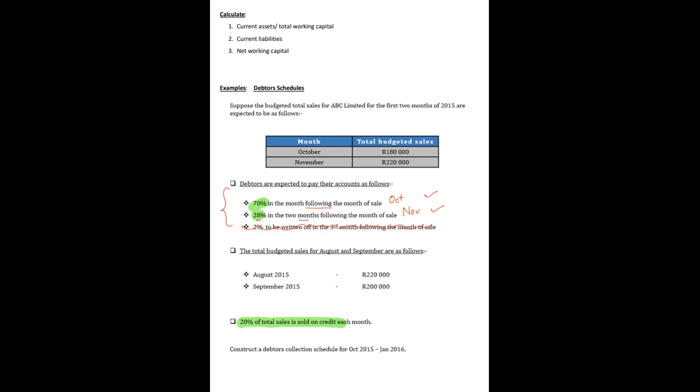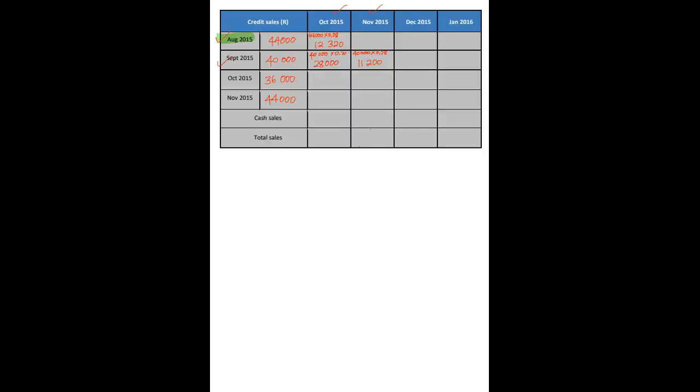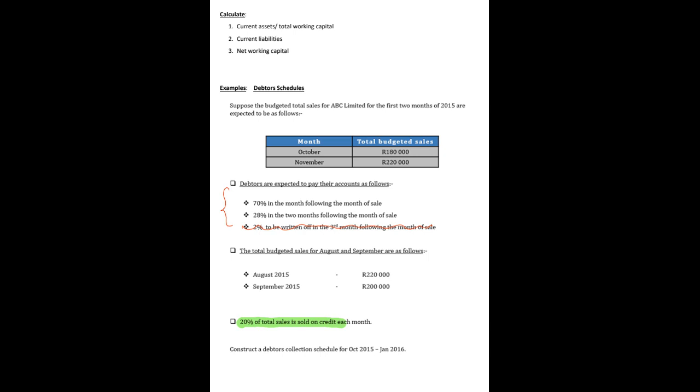So here, the credit sales for the month of October is 36,000 Rand. We want to know, is any of it received in October, November, December, or Jan? So let's go back to the schedule and look at if anything was received there. So if the sale took place in October, 70% would be 1 month later, which would be November. 28% would be 2 months later, which would be December. So both of those are headings in our table.